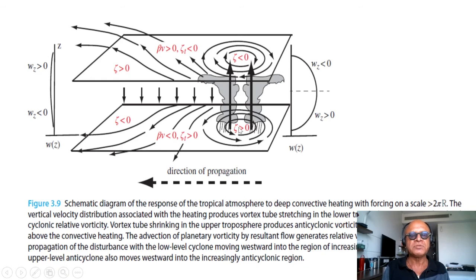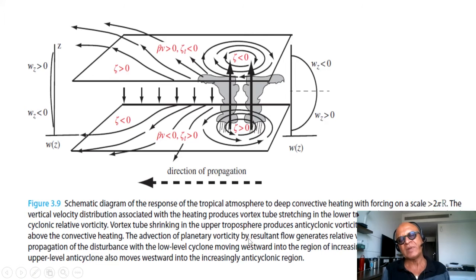Vertical velocity distribution associated with the heating produces vortex tube stretching in the lower troposphere, generating low-level cyclonic vorticity. In the northern hemisphere, cyclonic circulation is counterclockwise, and vortex tube shrinking in the upper troposphere produces anticyclonic vorticity and an anticyclonic outflow above the convective heating.